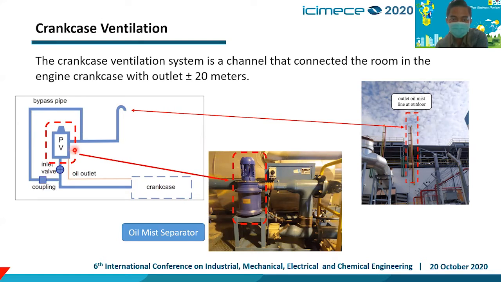For the diagram here, this is the crankshaft, and the ventilation out divides into two directions: through the coupling and the bypass pipe, and goes to the atmosphere.